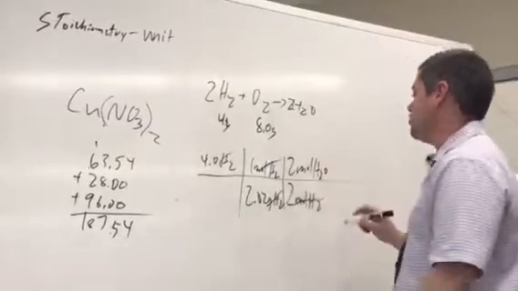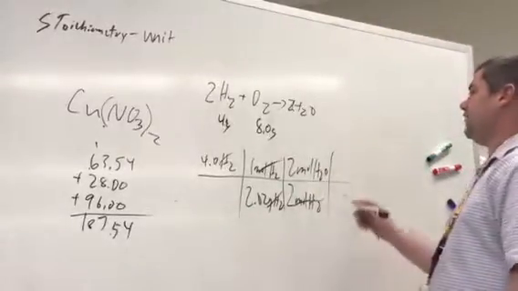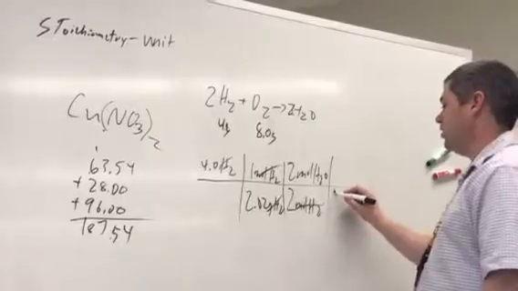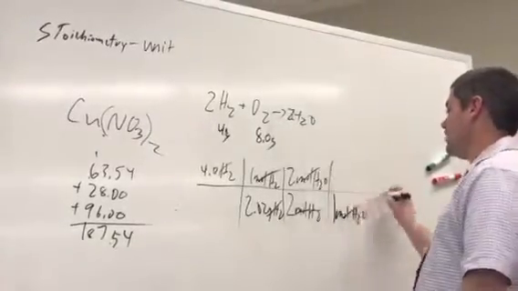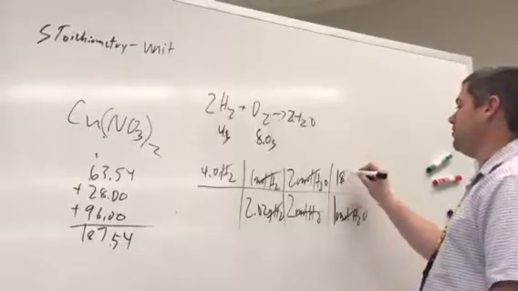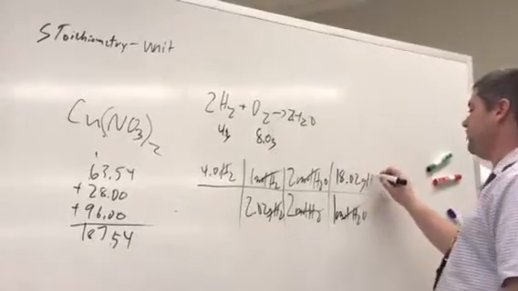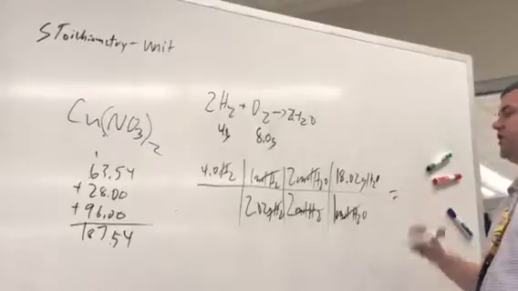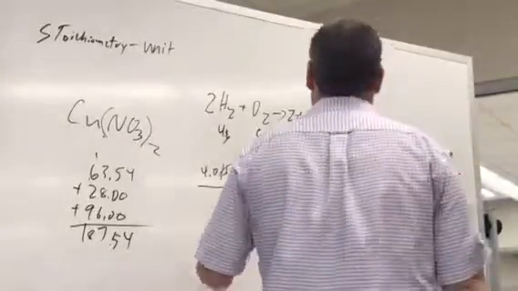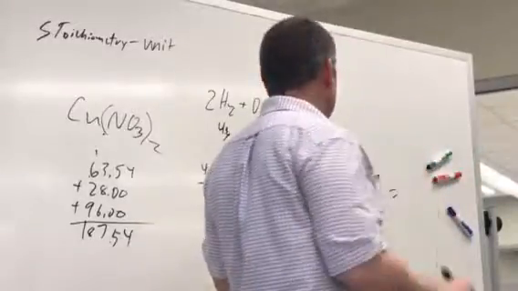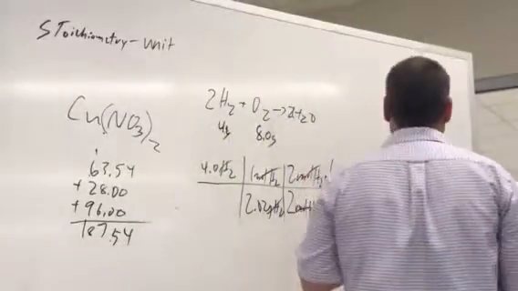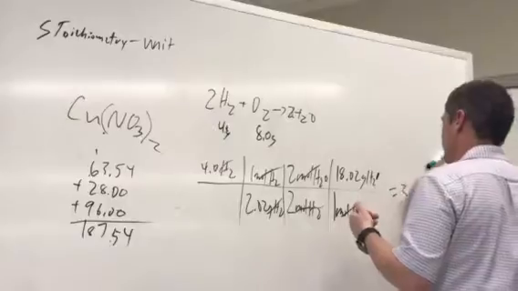My moles of H2 cancel out, and I'm left with 1 mole of H2O, which has 18.02 grams of H2O. 8 divided by 4 is 2, so it equals 36.04.